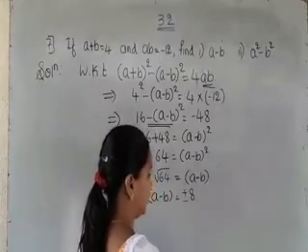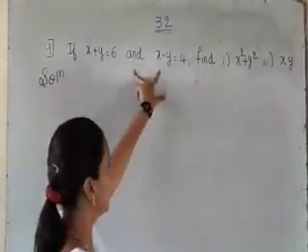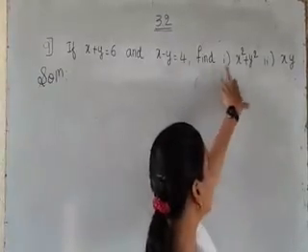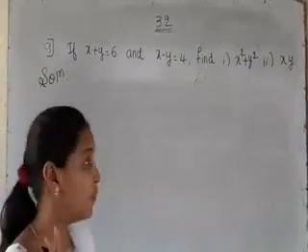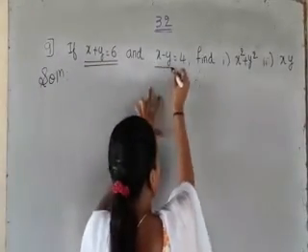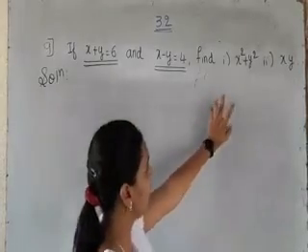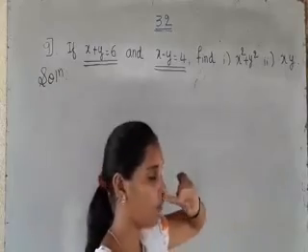This is the key. If x plus y is equal to 6 and x minus y is equal to 4, find x square plus y square, and the second one is xy. So here both the values x plus y and x minus y are given, and they ask to find x square plus y square and the value of xy also.